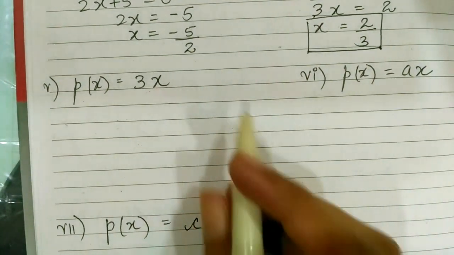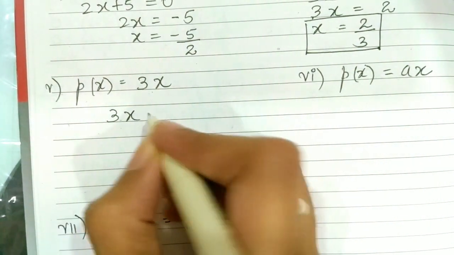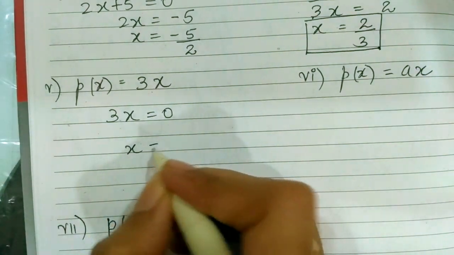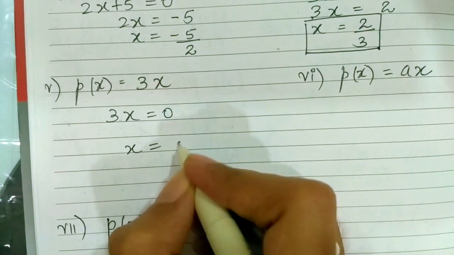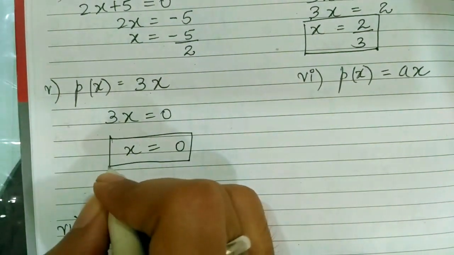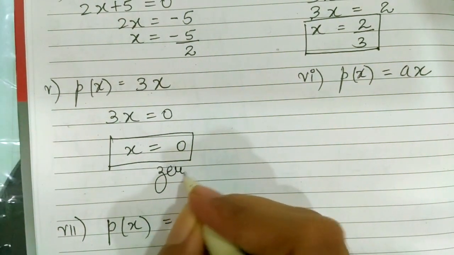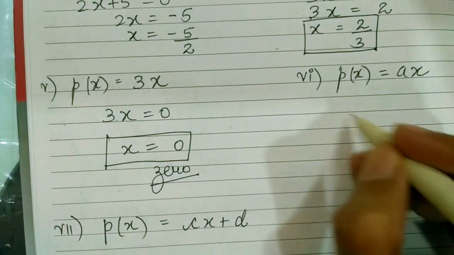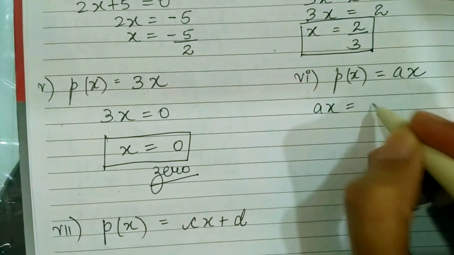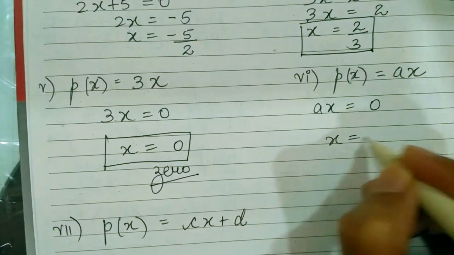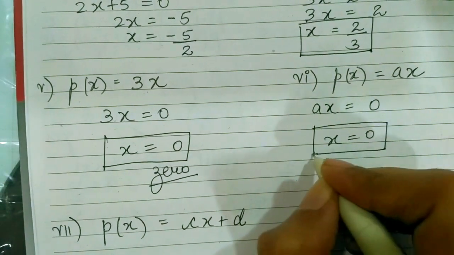Next is 3x. 3x equals 0. 0 divided by 3 will be 0. So the zero of the polynomial is x equals 0. Similarly, for ax, x equals 0 is the answer.